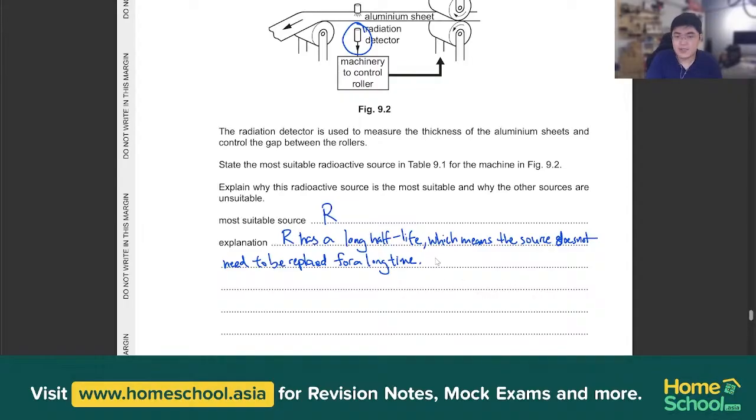The second mark we want to say is the thin aluminium sheet would absorb all alpha radiation and gamma radiation would not be blocked.